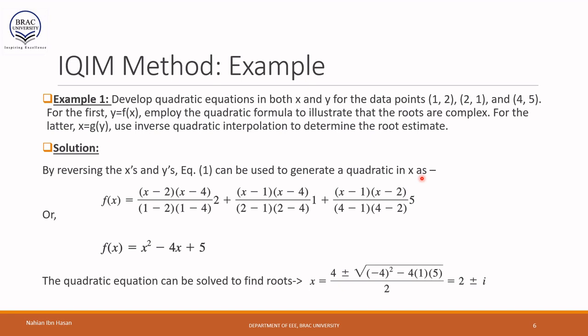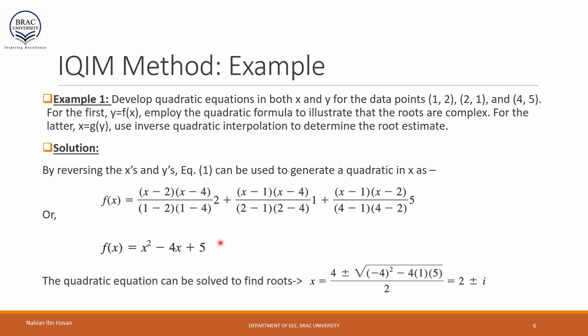If we substitute all the values, we get this equation, which is f of x equal to x square minus 4x plus 5. This is a second order polynomial, a parabola, that we initially guessed we had to fit through our three starting points, and that is the equation of the parabola.